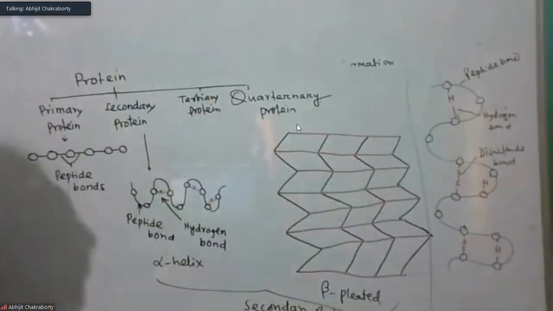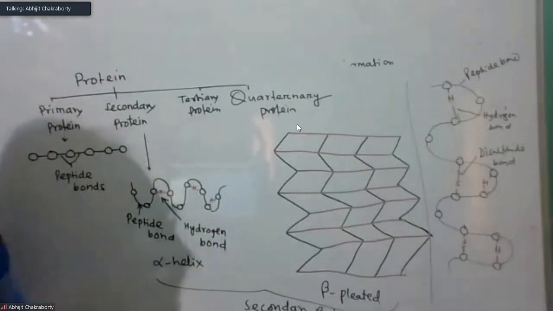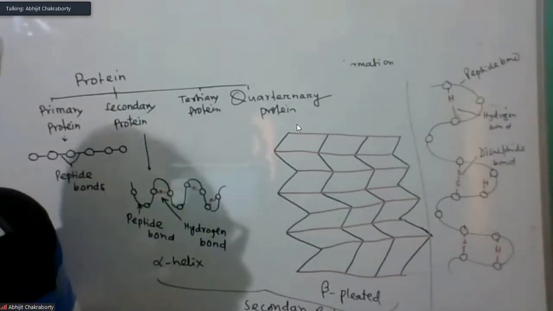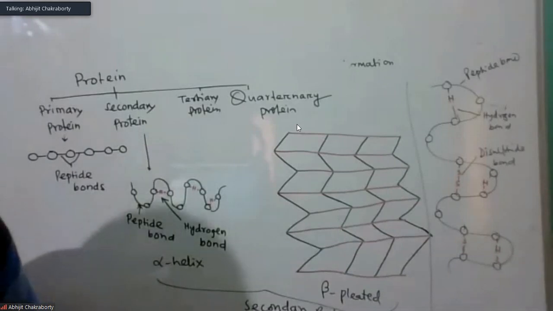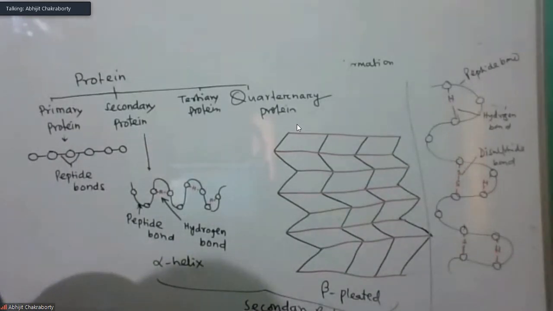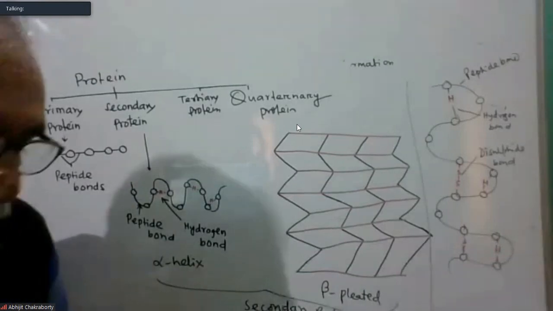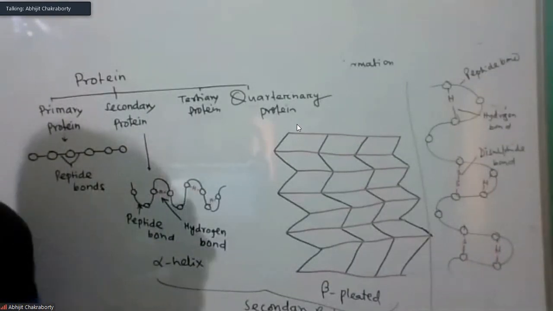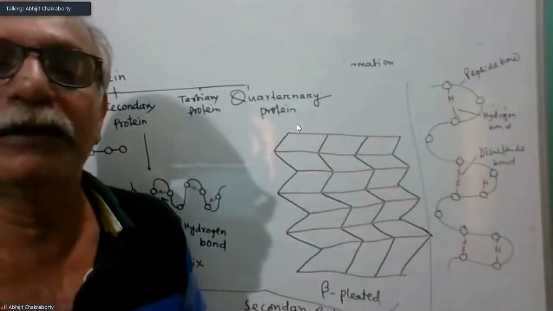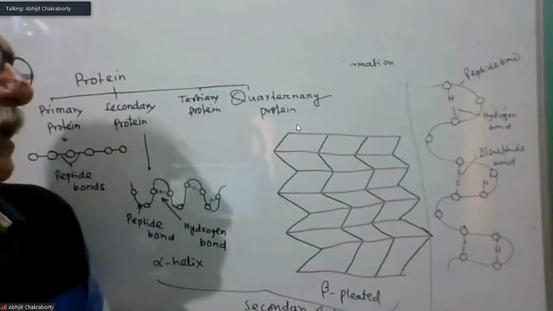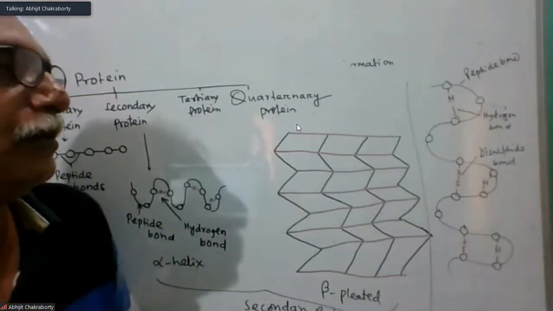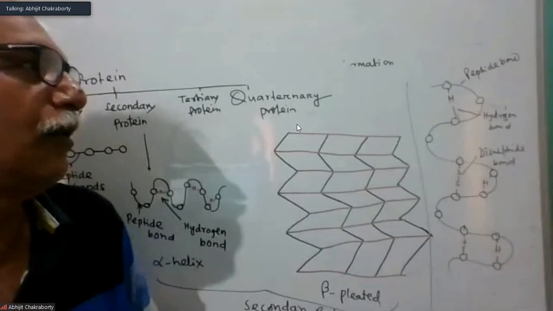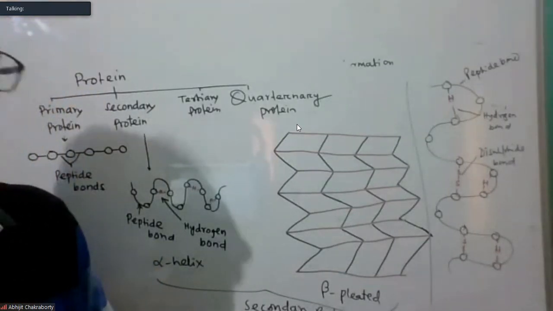Then you can call it tertiary protein. Here beside hydrogen bond and peptide bond, disulfide bonds are also present. Are you getting me? Then you can call it tertiary protein. Any enzyme, any protein, if it is to act as an enzyme, it has to attain tertiary structure. Most important thing. And on heating, enzymes are deactivated because on heating, disulfide bonds are broken down. So is tertiary protein clear? Beside hydrogen bond and peptide bond, disulfide bonds are also present.